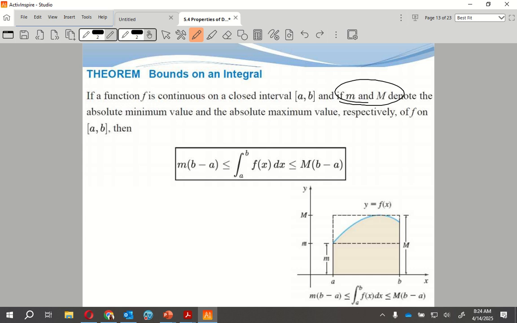Respectively, of f on the interval from a to b, this side is going to be less than this side, and somewhere in between is the average value, between the minimum and the maximum of the bounds.